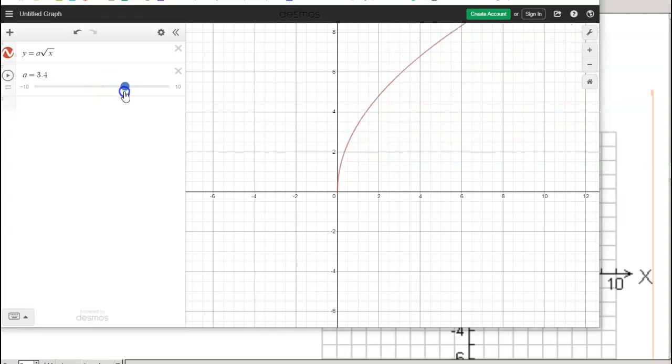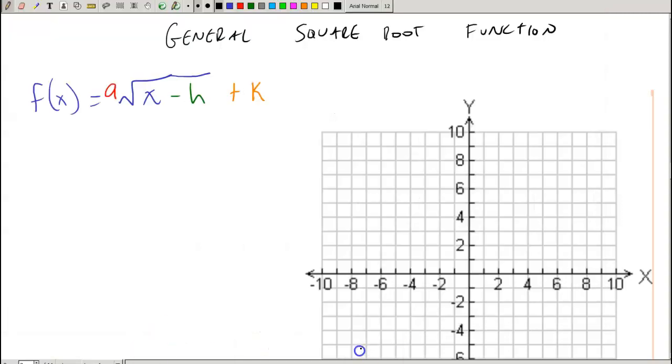So it's vertically stretched upward, and if I go to a negative value, it's stretched downward. So then it's decreasing instead of increasing. If I were to play this, when a increases, it stretches up, and when a decreases, it goes down like that.